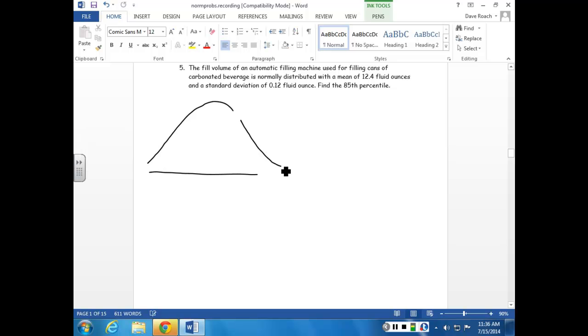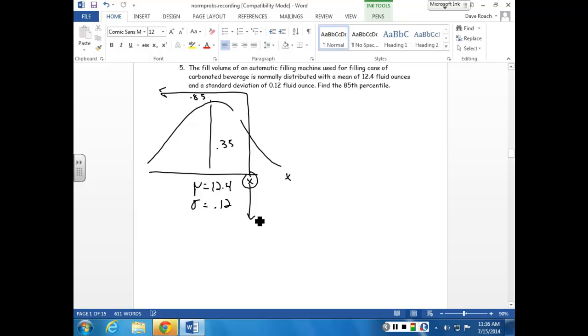Just quickly drawing this out again. 85th percentile. That was 0.35. We're looking for this value of x, and we know that this point has a z of 1.04.